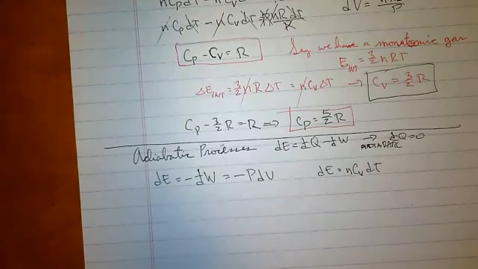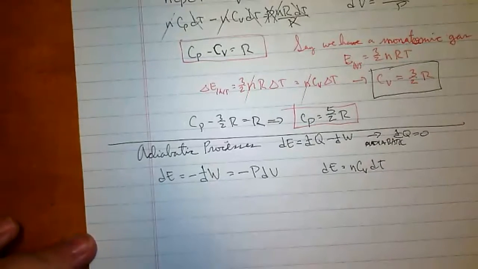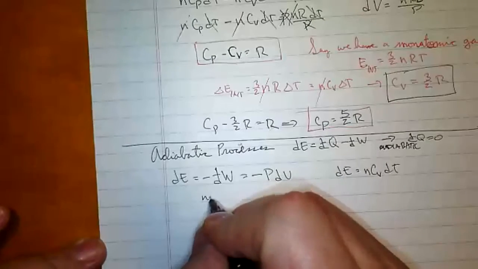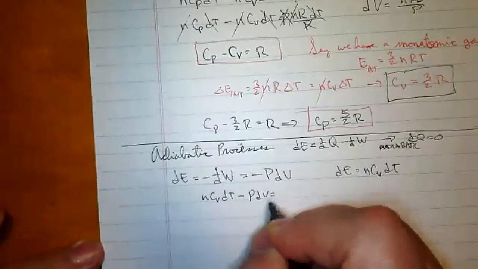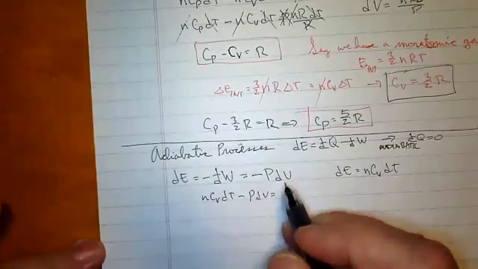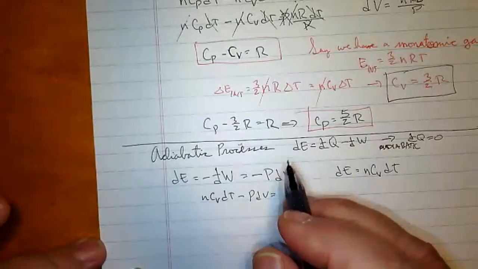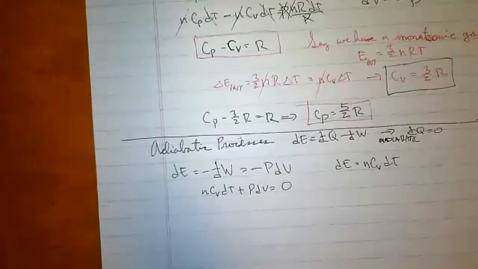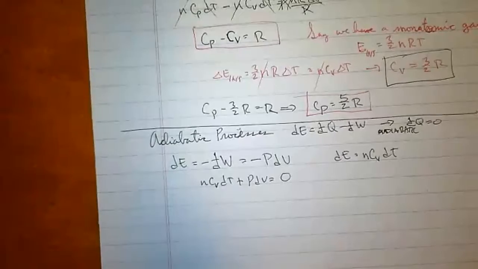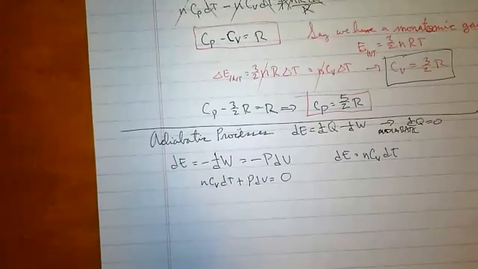So if we combine these two, we get N Cv dT, excuse me, I meant to say plus P dV is equal to 0. That's basically a type of differential equation that we can look at.